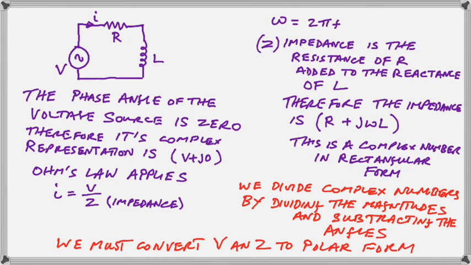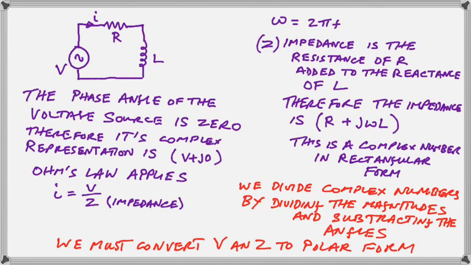And the impedance now is a complex number where the real part is resistance and the imaginary part is the reactance of the coil. So putting it in the normal complex number form, we have R, whatever the resistance is, plus j omega L. Omega L, or 2 pi fL, is the reactance of your inductor. So that's the total impedance presented to your voltage source in this simple example.